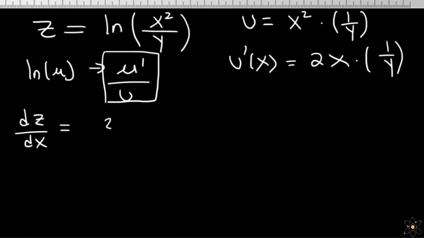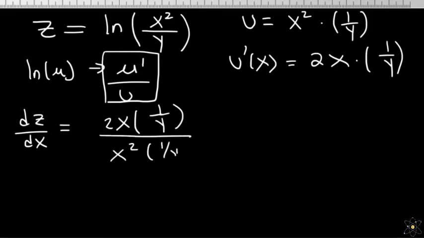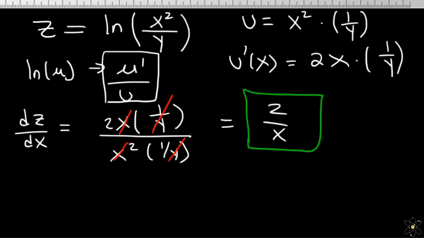U prime is 2x times 1 over y, divided by u, which is x squared times 1 over y. So we can cancel 1 over y, and we can cancel an x. So we're left over with 2 divided by x. So that's the answer for the partial derivative with respect to x.